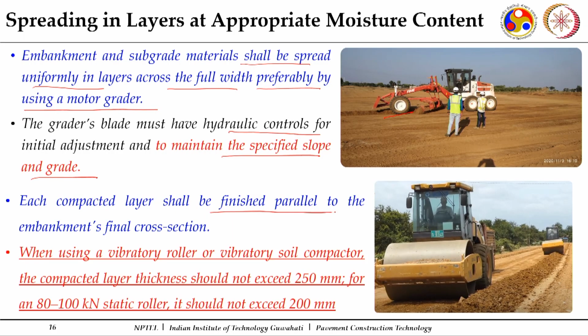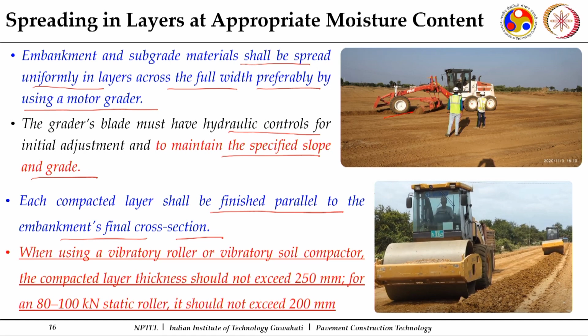So, we will try to maintain our grades and cross slopes from the construction of the subgrade itself. Each compacted layer shall be finished parallel to the embankment's final cross section, so we will do this final foundation construction at the required cross slopes.